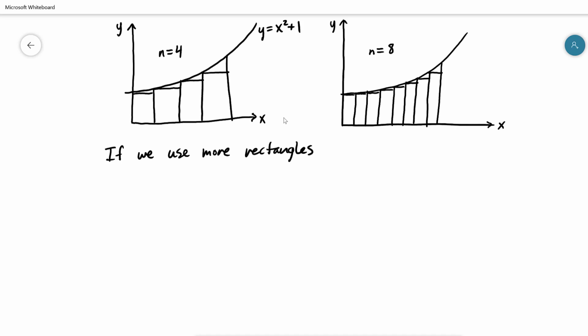And notice that by using more rectangles, what's happening to the width of each rectangle? This is our delta x. What is happening to delta x? So as we use more rectangles, meaning that we're making delta x smaller, our approximation gets better.